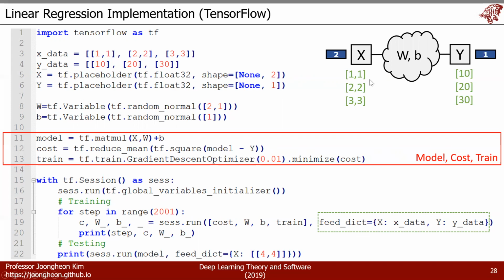Then we put x_data into capital X and y_data into capital Y, and then we can make the training. And then we will print out 2001 times. Once we are done in line 21, we are all done with the training, okay?